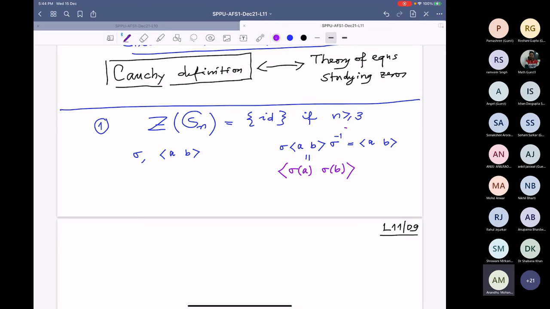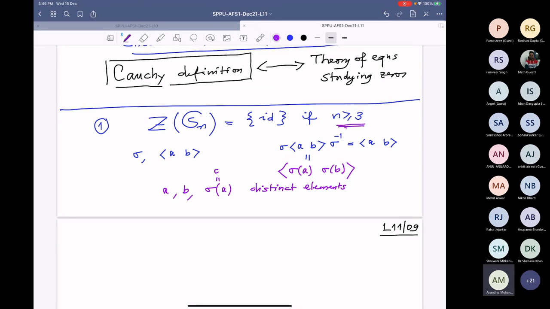So now if n is at least 3, I choose A and B such that sigma A is different, distinct elements. That is possible because n is at least 3. I have given only A and B, and I choose C different, and I want to take that as sigma A. And now I complete it.